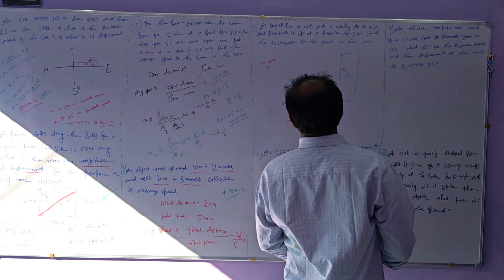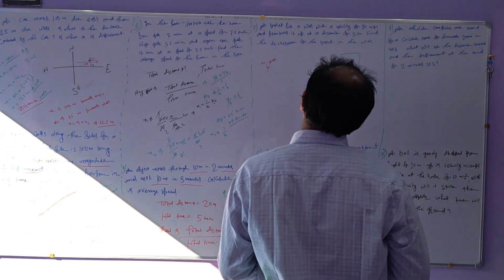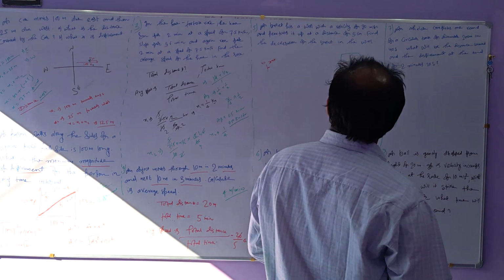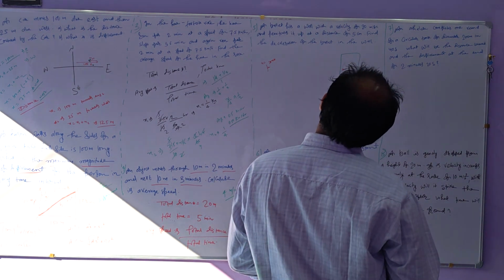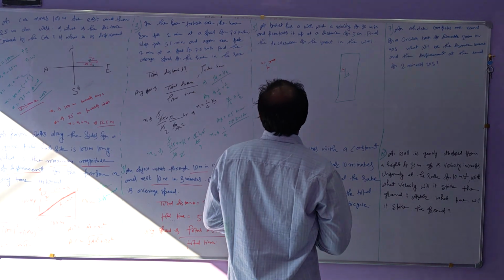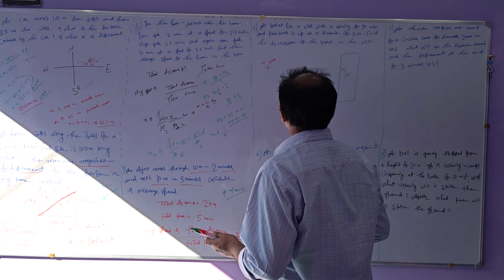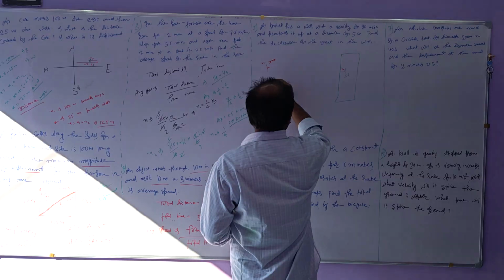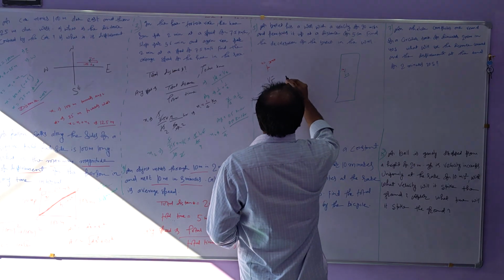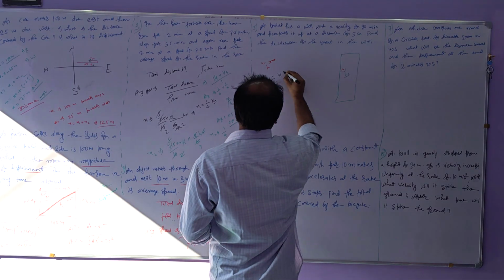To find the deceleration of the bullet in the wall, v is equal to u plus at.